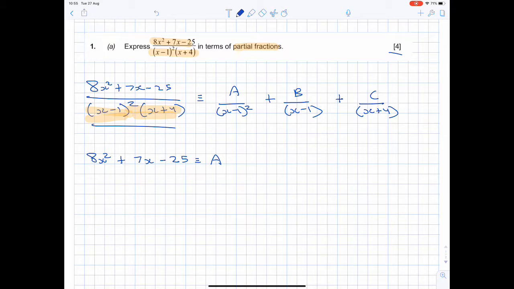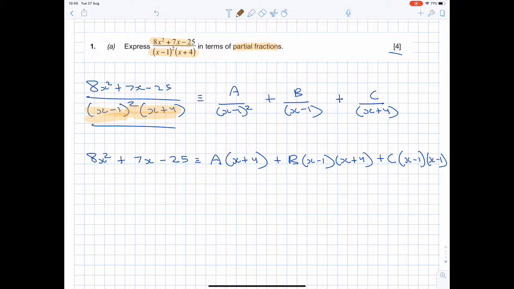First fraction, (x minus 1) squared cancels, leaving just x plus 4. Second fraction, we'll still have one x minus 1 left over, and then x plus 4. And finally for C, we're going to have the (x minus 1) squared left, which I'm going to write fully like this.